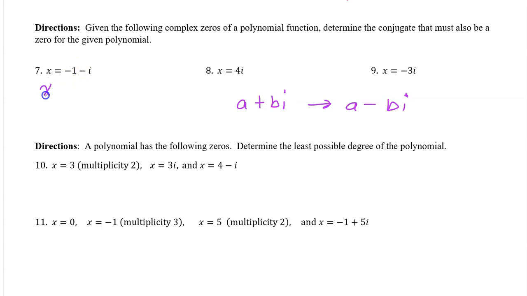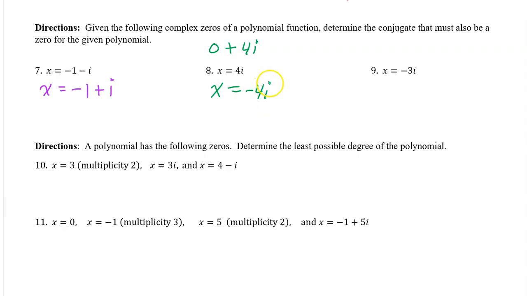So the conjugate here is going to be, we leave the negative 1, change the sign of the imaginary. So there it is. For number 8, it only has an imaginary term. You could think of it as 0 plus 4i, and then the conjugate would be 0 minus 4i. Or you could just say, we'll just change the sign of this imaginary part and put negative 4i.